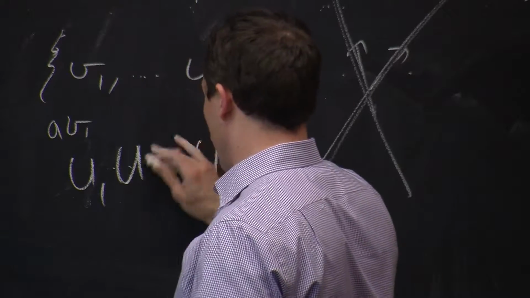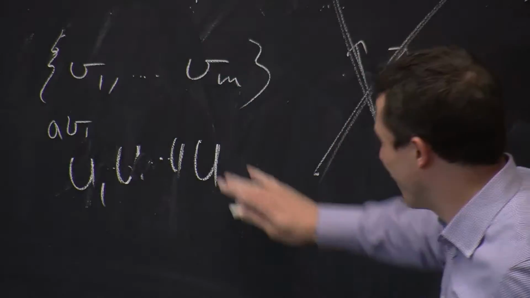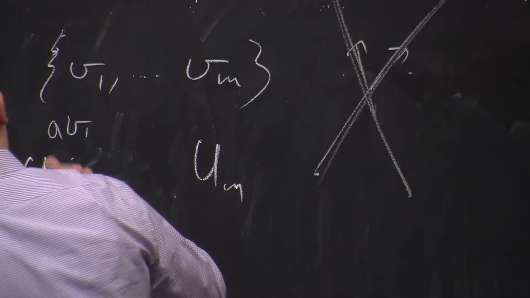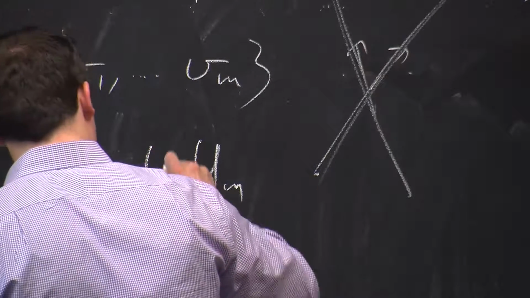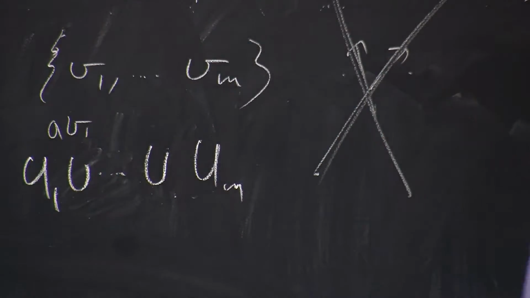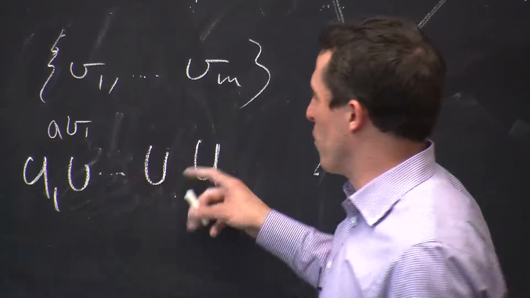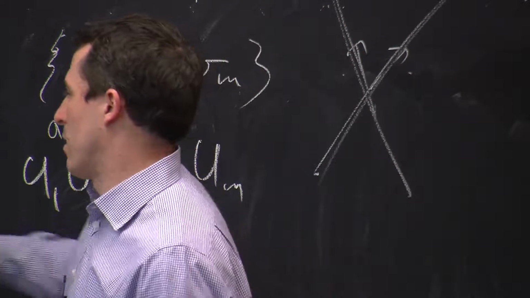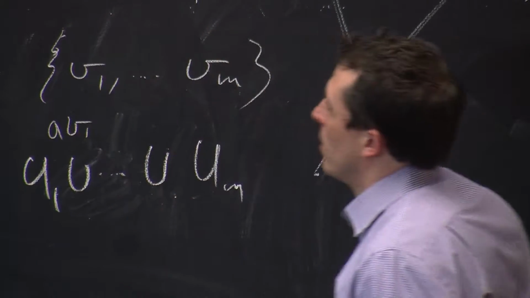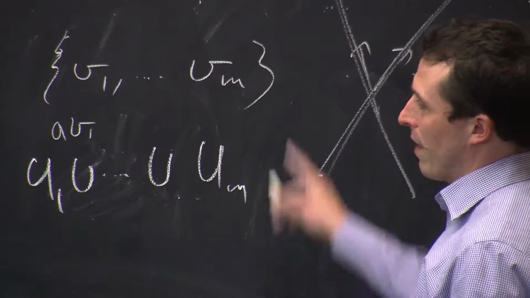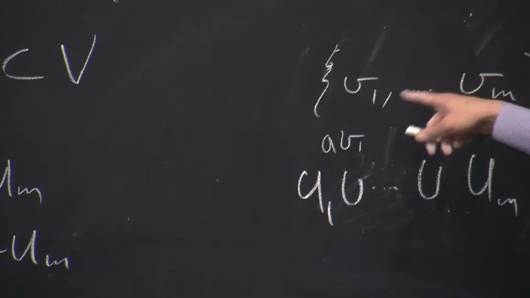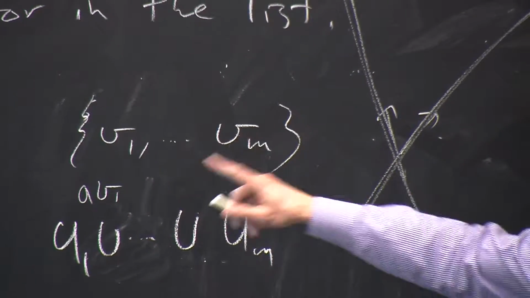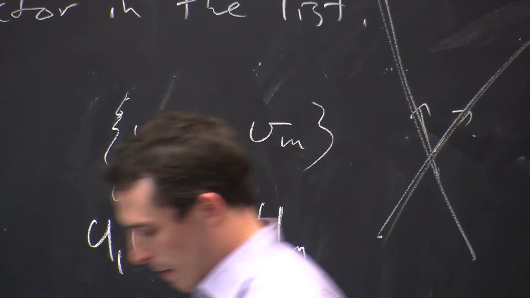So it contains the union of all of those things, U1 union ... union UM, and that's back to this. So this is the smallest subspace that contains every vector in the list, or every scalar multiple of every vector in the list, or every subspace generated by every vector in the list. Okay.